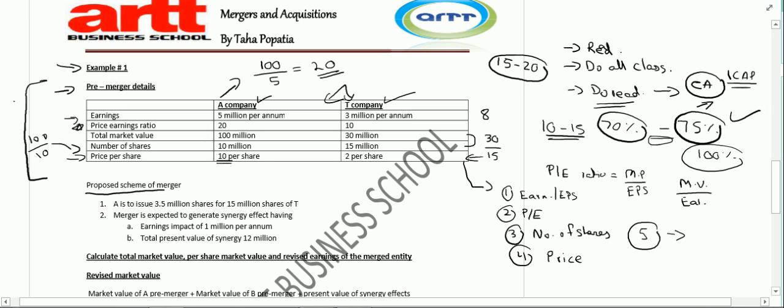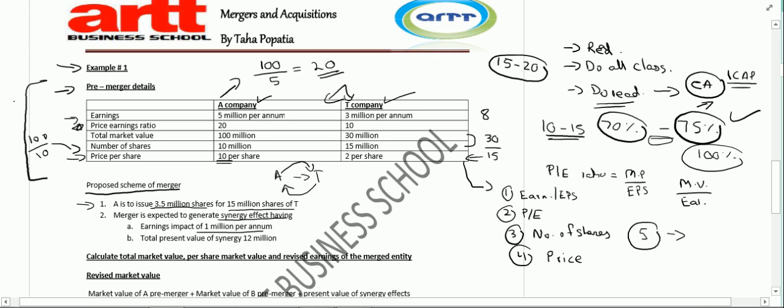So now the proposed scheme of merger. For merger, number 1, A is to issue 3.5 million shares for 15 million shares of T. What will happen is that A will merge with T, and A has offered 3.5 million of its own shares for 15 million shares of T. Merger is expected to generate synergy effects, with an earnings impact of 1 million per annum.